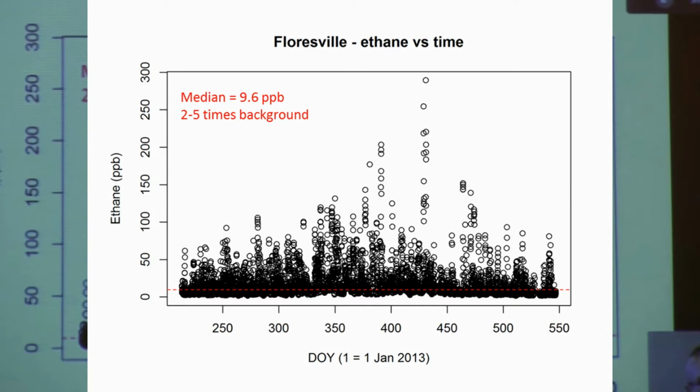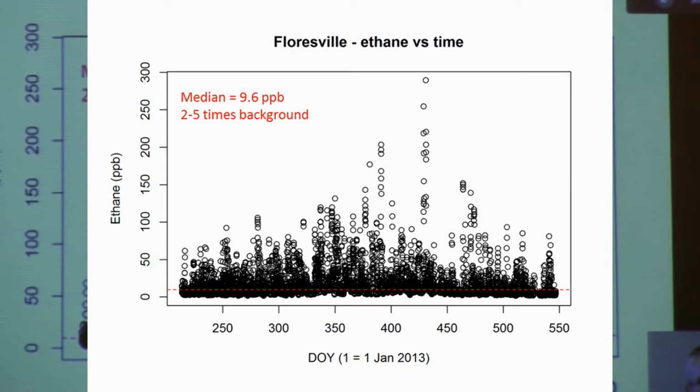So in other words, all these individual spikes that you see are plumes that are coming by the Floresville monitor. And there is no particular season you see more of these plumes or fewer of these plumes, except for some individual periods, like at the end of the data set here, where you have a longer stretch without a large plume.